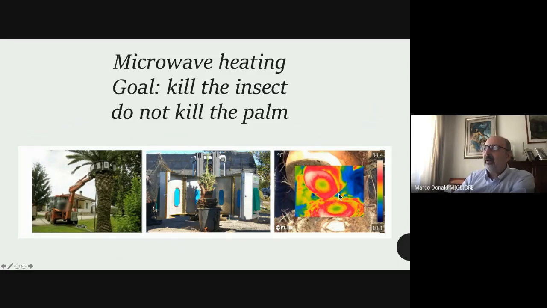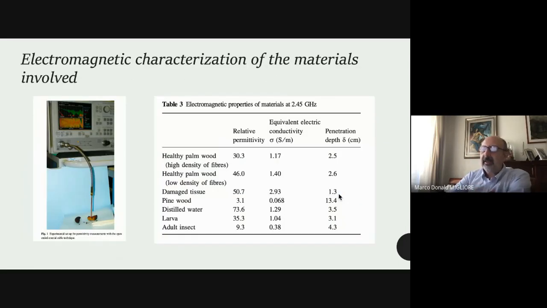The problem is how to control the temperature, and this requires the knowledge of the permittivity of all the stuff that is involved in the microwave heating, that is the palm and also the insect, and the palm in different studies, as well as the insect, adult, larva, and so on, as a function again of temperature.